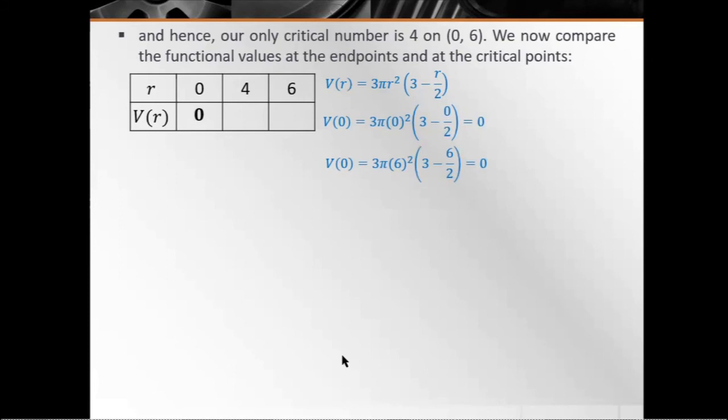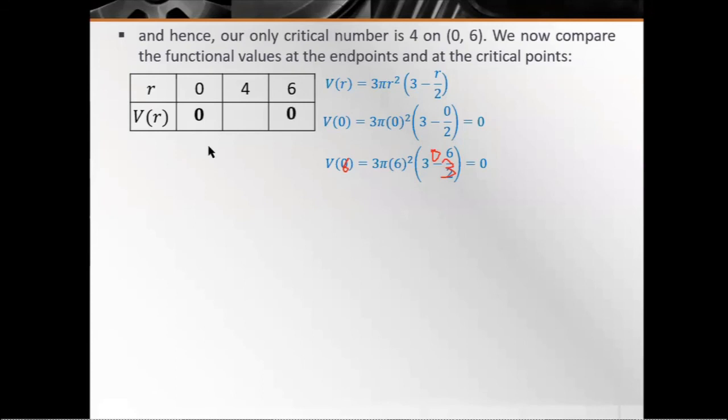So V of 6: 6 squared, then 3 minus 6 over 2. 6 over 2 ay 3, so 3 minus 3 is 0. Pag tinimes natin yan with any factor, still 0. Kaya itong part na to ay 0 pa rin.